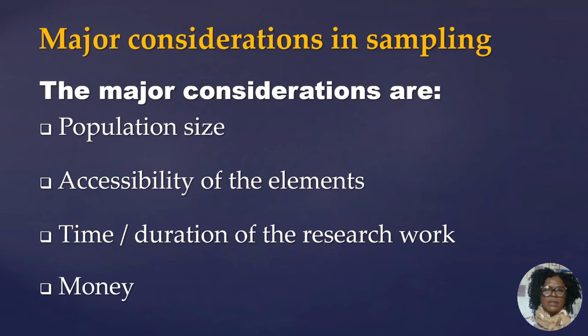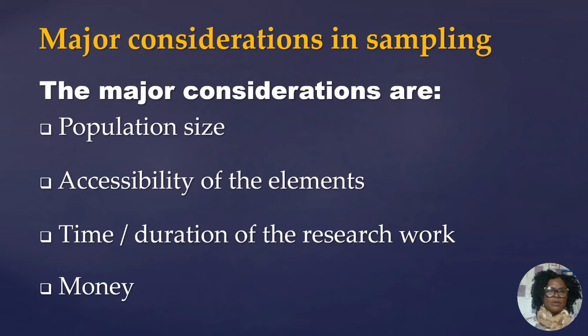The major considerations that we are looking at here are population size. So in sampling, you have to look at the population size. Like we have said before, you can have a target population, you can have an accessible population. There are populations that you want to work on that are not so large, something you can manage in a research. In that case, there's no need for you to sample.